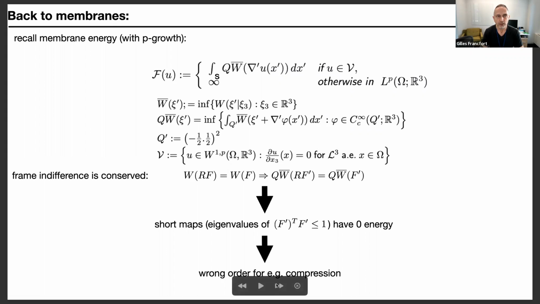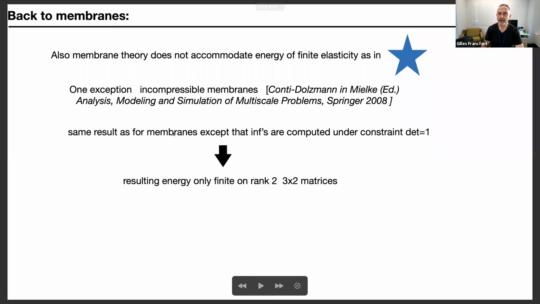All right. So now, as Irene had noticed and remarked in her talk, membrane theory does not accommodate the type of energy that we have in finite elasticity or in hyperelasticity. And I refer to the blue star; the blue star means all the assumptions about my energy.